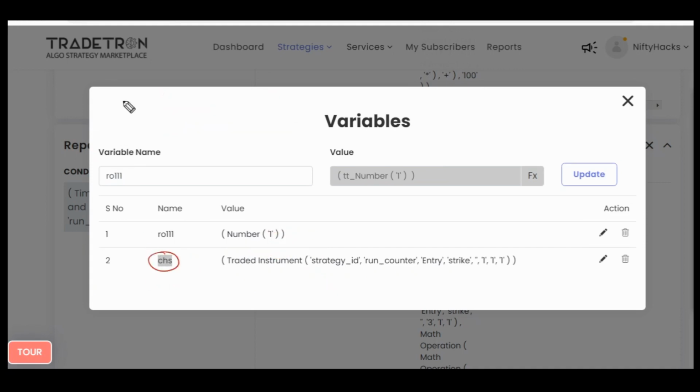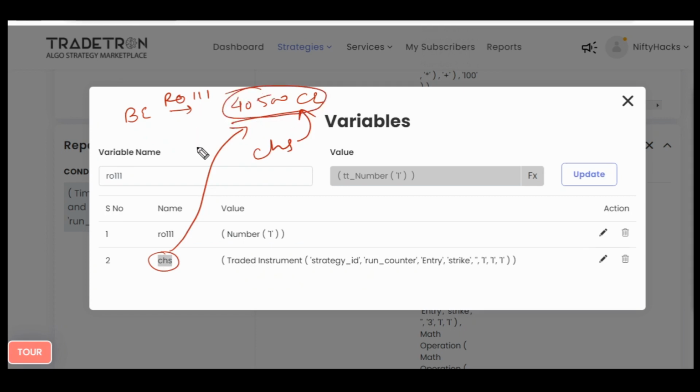Suppose right now my call hedge strike, after the break even of RO111 happens, is, as you know from our previous example, that we have bought the 40,500 call. So CHS, or call hedge strike, will be assigned to this strike number, right? So now in all of the strategy, wherever I use CHS, Tradetron will give me the value of 40,500.